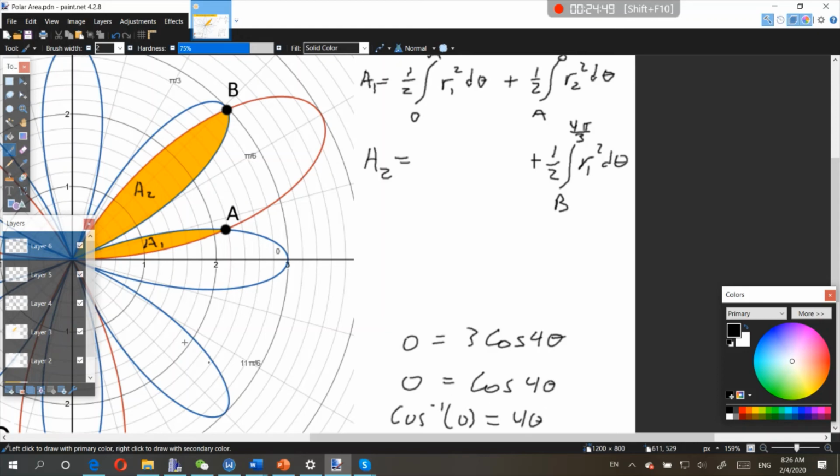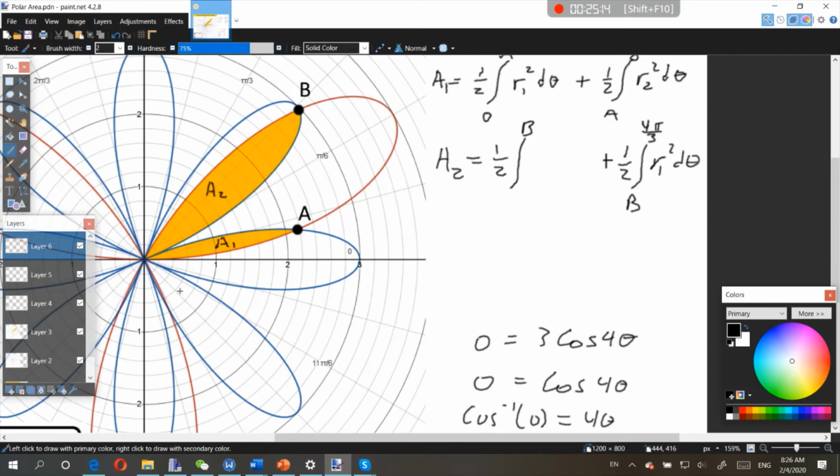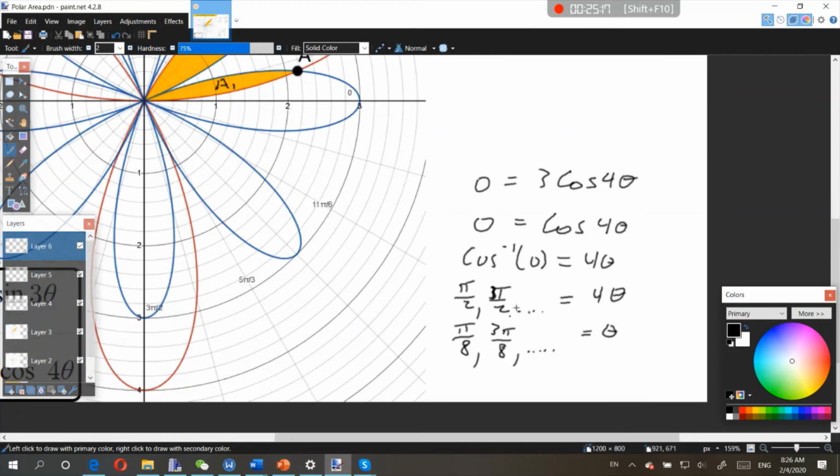And the last part of this, I need the area for the first half of A2, would be what? 1/2, integral from 0 to b, from when we were at 0 to b, and this is the 6th petal of our cosine 4 theta. So I'm going to keep expanding this a little bit.